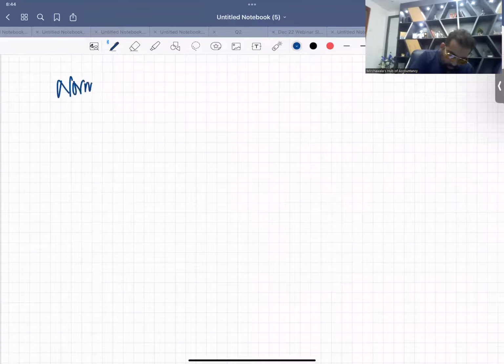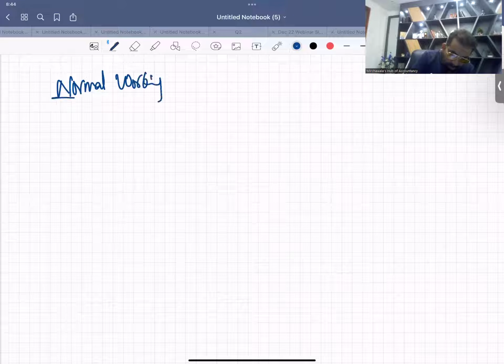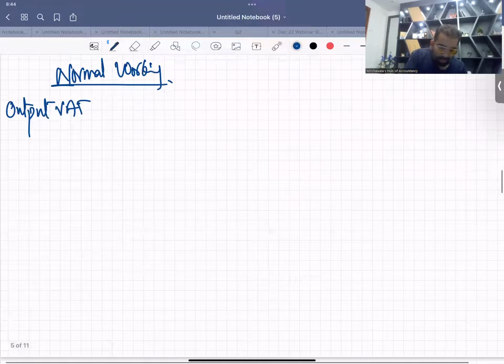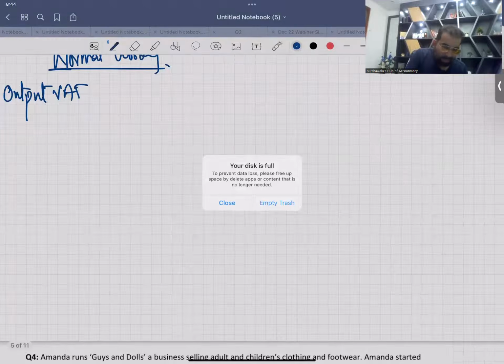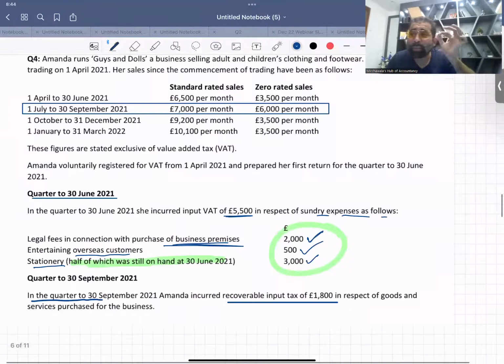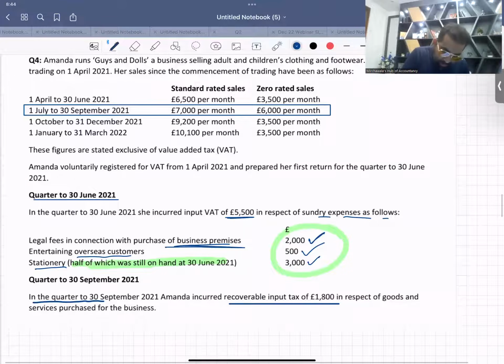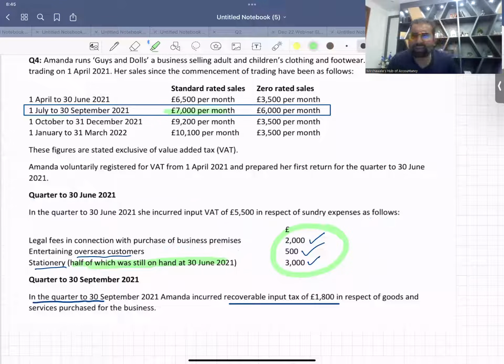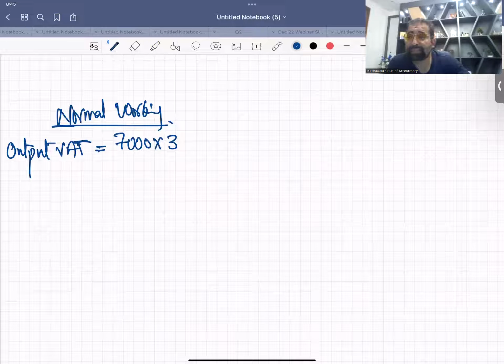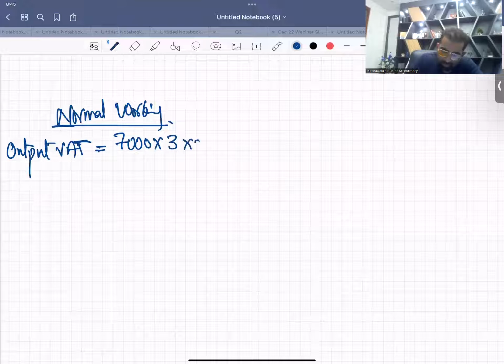Normal working. First of all, you will write output VAT. Output VAT is only calculated on standard rated sales. So 7,000 per month, and there are 3 months. So 7,000 multiplied by 3 is 21,000, and these sales are exclusive of VAT, so you multiply by 20%.